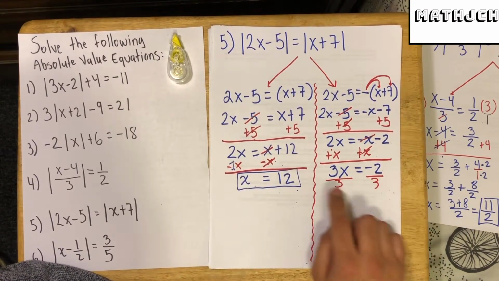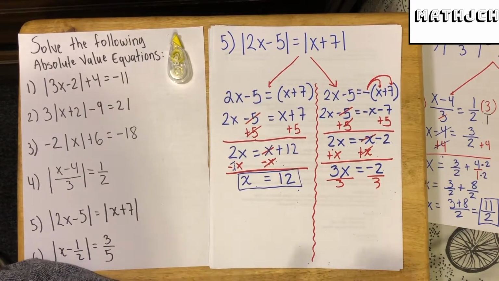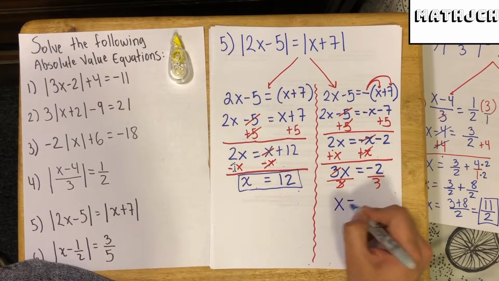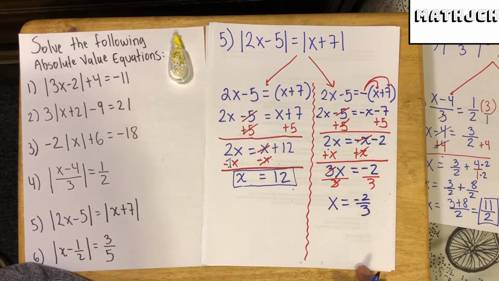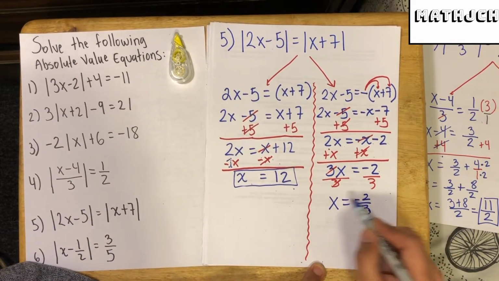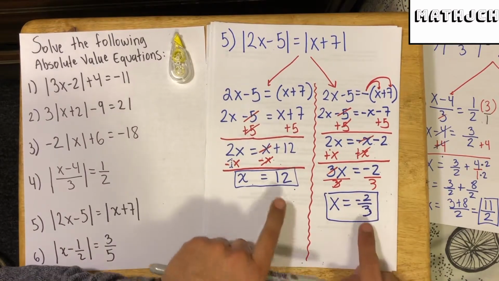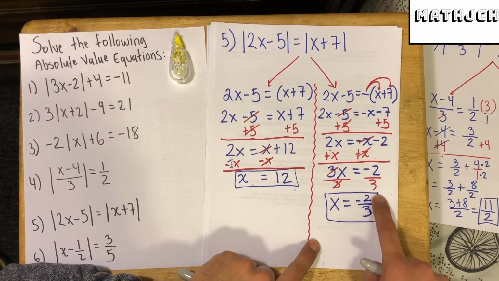But in this case, I have a positive 3, so divide by positive 3 on both sides. So this 3 cancels. I'm left with x equals minus 2 over 3. And you cannot simplify these two numbers because they are not factors of each other. So that will be another solution. So my two solutions are x equals 12 and x equals minus 2 over 3.